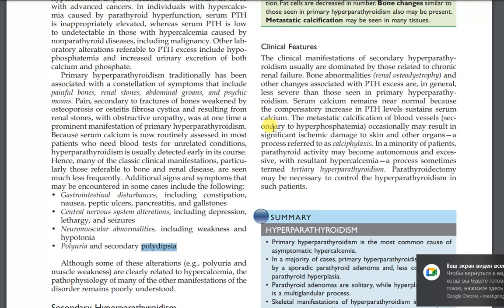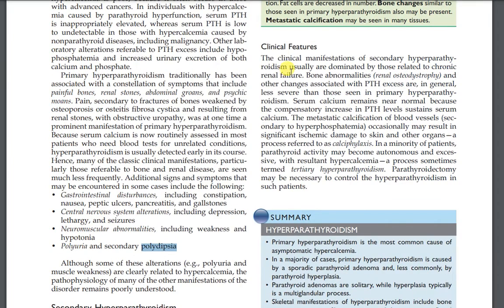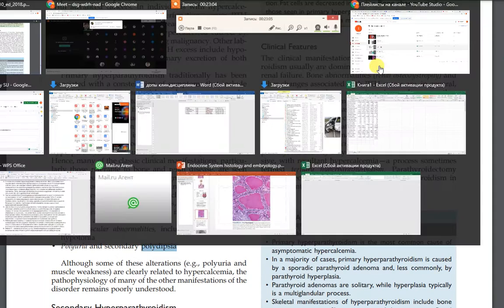So we can say that the clinical manifestation includes, of course, secondary hyperparathyroidism. Its course is dominated by the main disorder, usually renal failure.